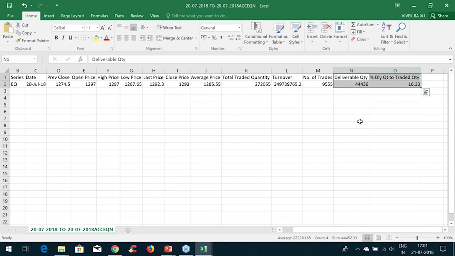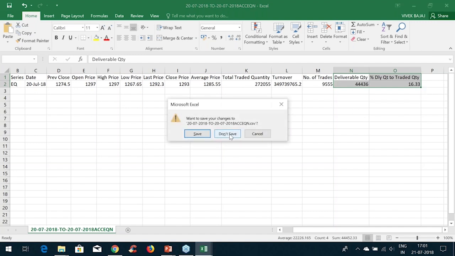How do you know whether someone is giving or taking delivery? Because eventually in the market, if someone is giving delivery, someone is taking delivery. So how do you know whether the resourceful person is giving delivery or taking delivery? For that, you need to merge your price action with the delivery data to try to predict that someone resourceful has taken delivery of that underlying.